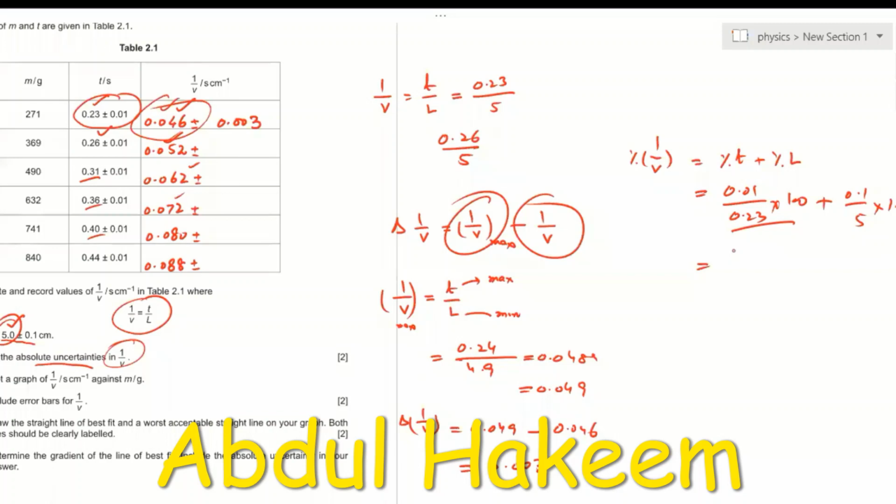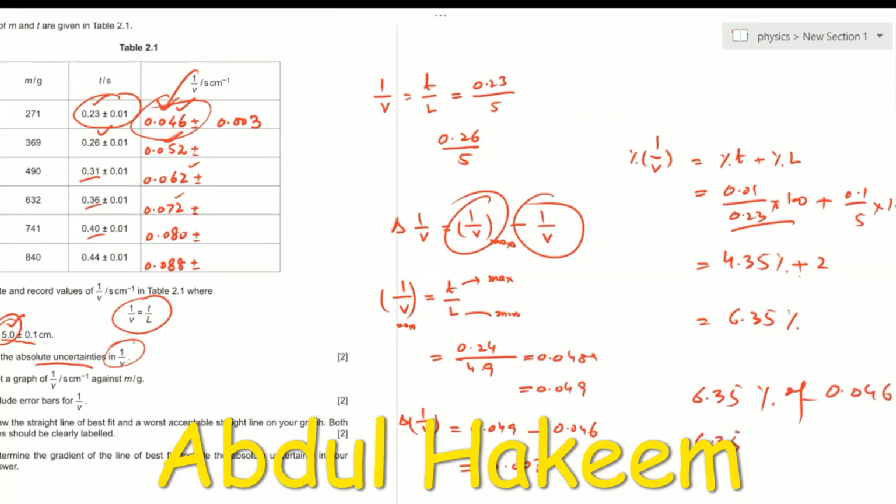This is approximately 4.35% plus 2%, so it is 6.35%. Now we have to calculate 6.35% of this value, 0.046.